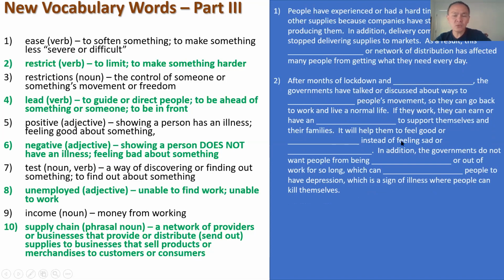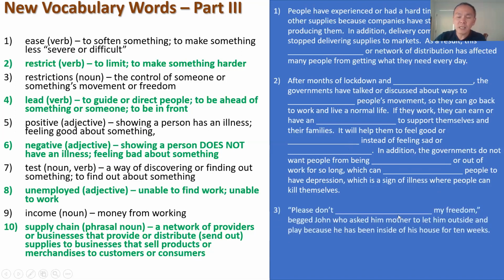It will help them to feel good or blank instead of feeling sad or blank. In addition, the government do not want people from being blank or out of work for so long, which can blank people to have depression, which is a sign of illness where people can kill themselves, okay? So this is very long and confusing, but look at the key words.